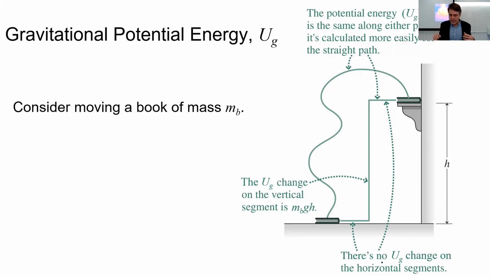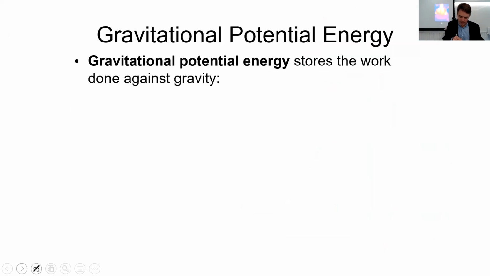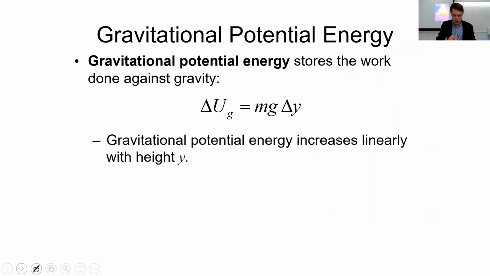And so we just say U sub G is m of the book times g times h. That is the gravitational potential energy. What really matters is that a change in y position will give you a change in the gravitational potential energy of the object and the Earth. Okay?